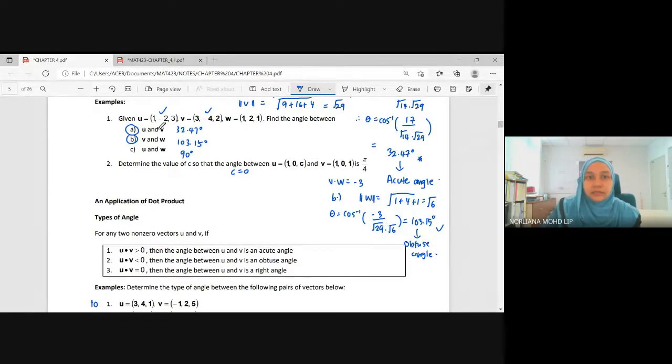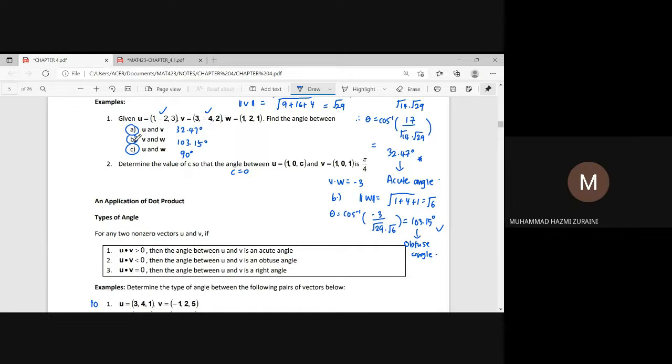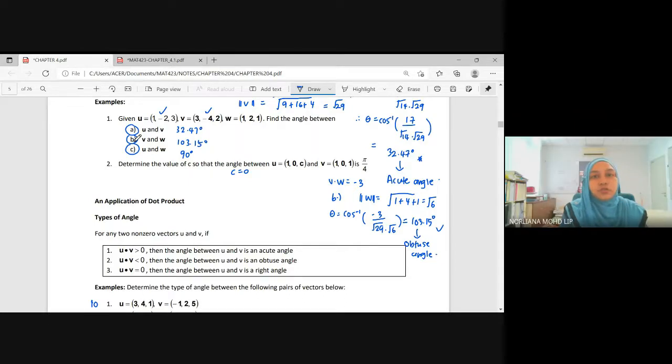Okay, C. C cari cuba cari. Okay, U dot W. U dot W dapat berapa? 0. Okay, dapat 0. So 0 over something is 0.